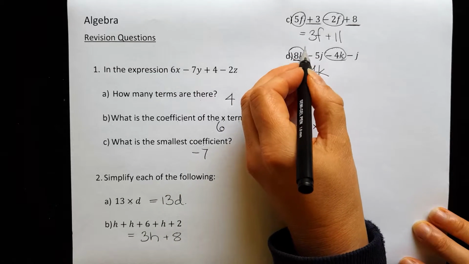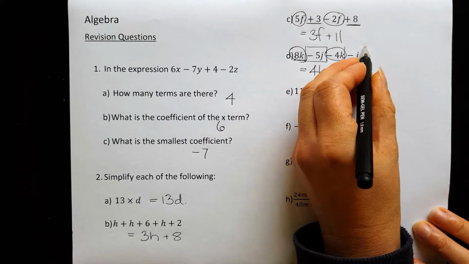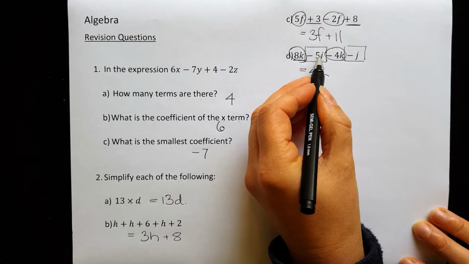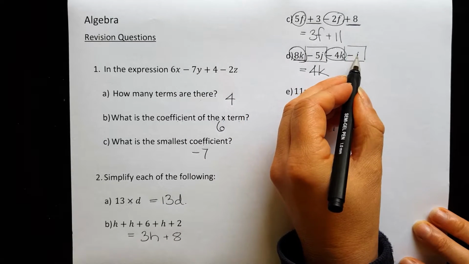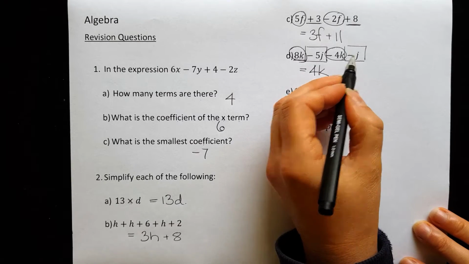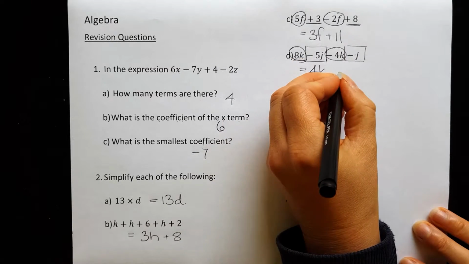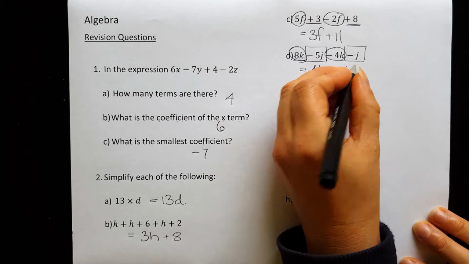And these ones here are both j terms, so they are like terms. Minus 5j minus j, that would be like saying a 1 there, so it'd be minus 1. So we have minus 5 minus another 1 makes minus 6j.